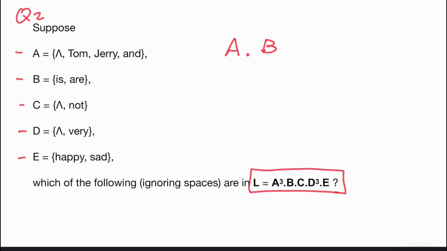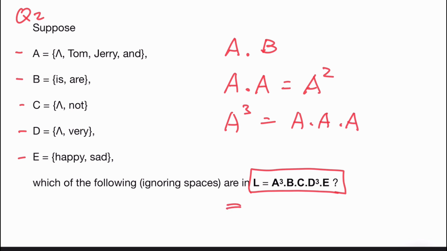So if you have A dot A, we can represent it by A squared. So when we have the cube of A, it literally means you have three As linked together. So this one, L, means we have A cubed followed by B, C, D cubed, and E. What we mean is there is a new language.